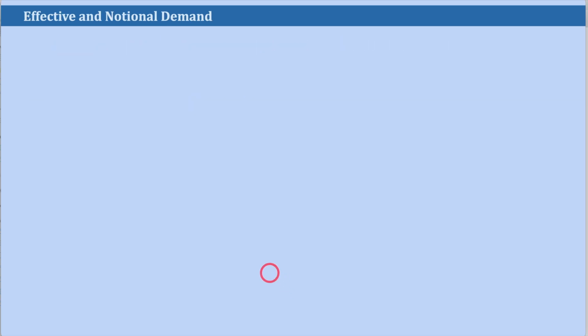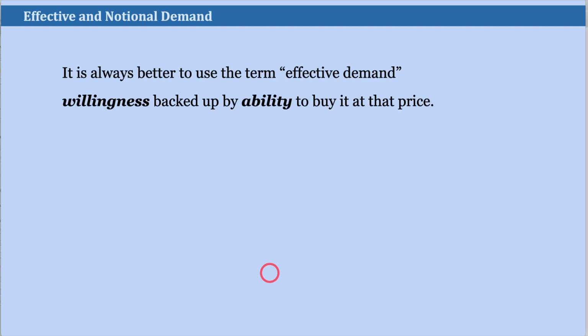Now, before we look into demand in detail, just need to cover this concept of effective and notional demand. And it's always better, if you're in economics, to use the word effective demand, and it's willingness backed up by ability. And that's quite important, because later on, when you start to analyze the idea of demand, the willingness to buy it is actually quite important, to be honest. Okay.